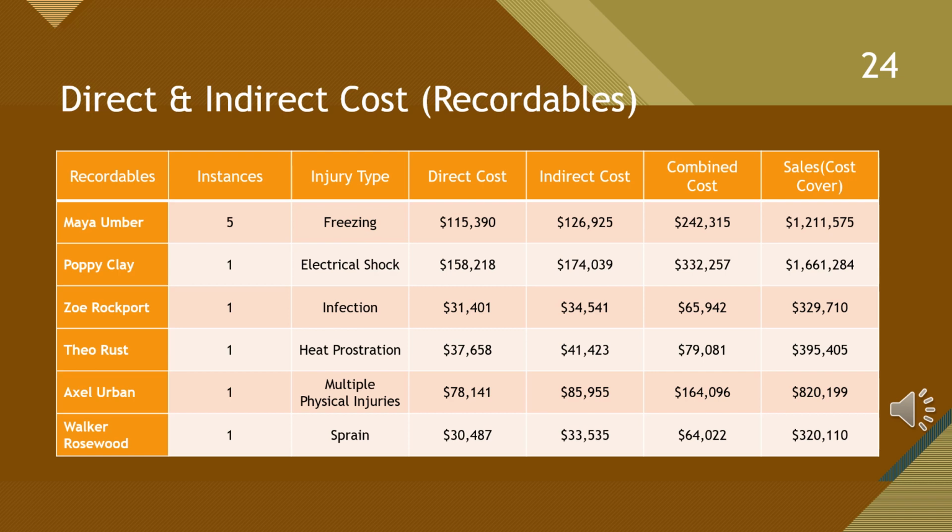And the sales that need to occur to cover the cost of that is $1 million. I also don't believe this is justified, because when looking at the OSHA 300 log, this employee took their glove off in a supervised task and was not directed to put the glove back on.